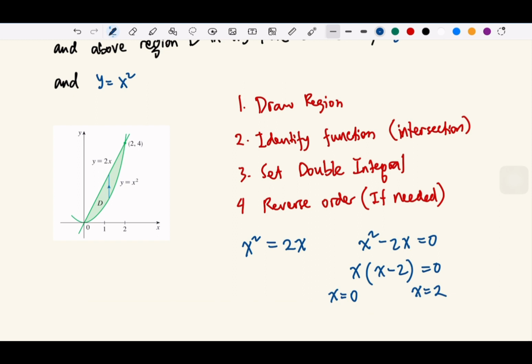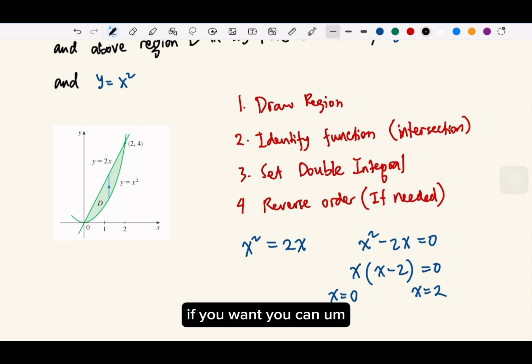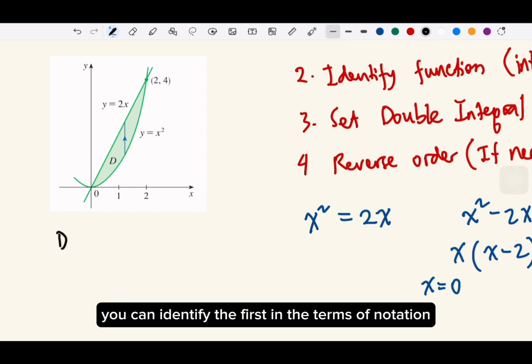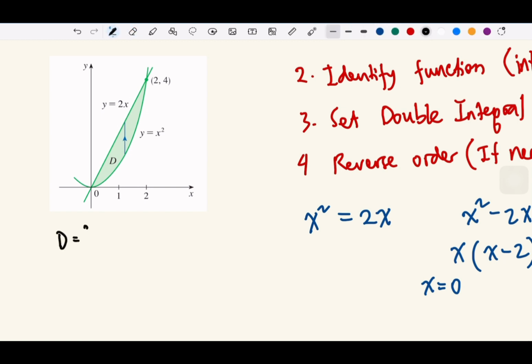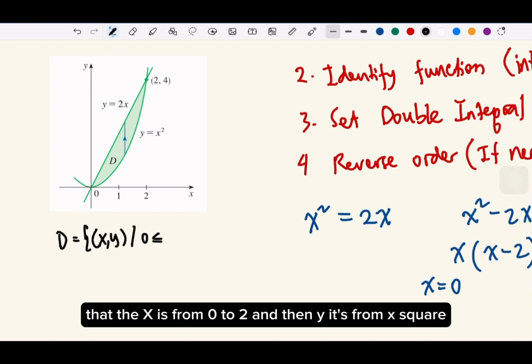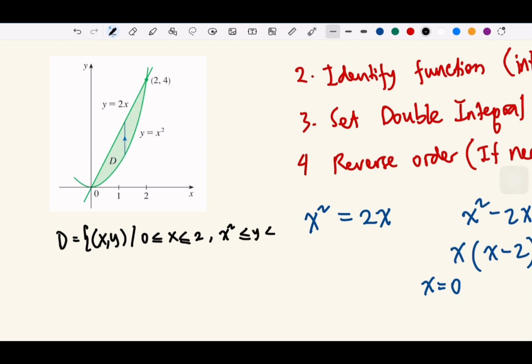So if you want, you can identify D first in terms of notation, that x is from 0 to 2, and then y is from x squared to 2x.